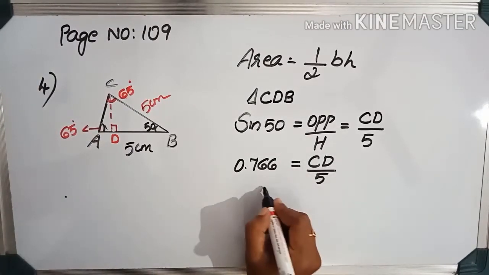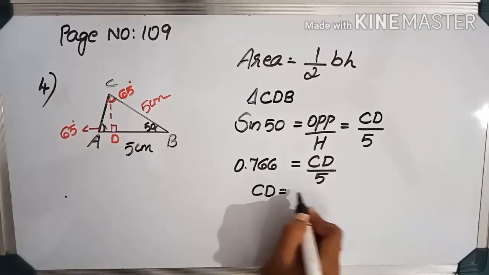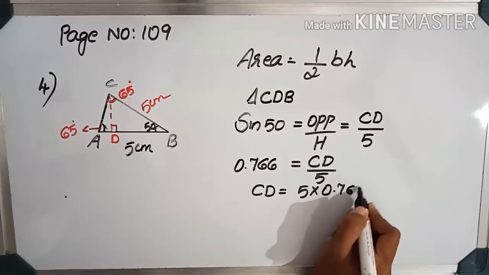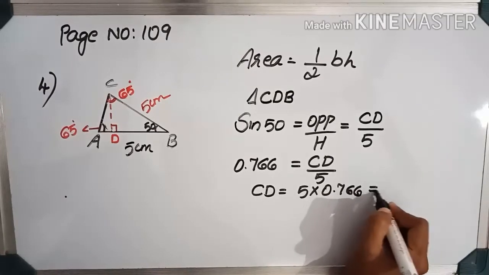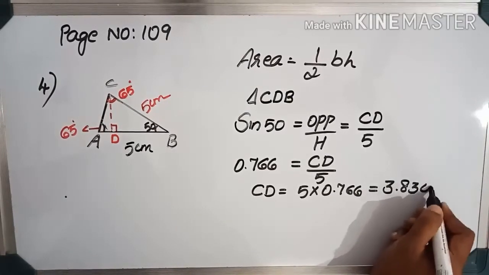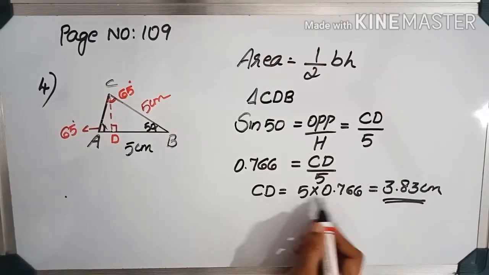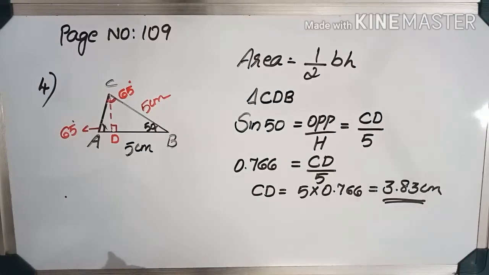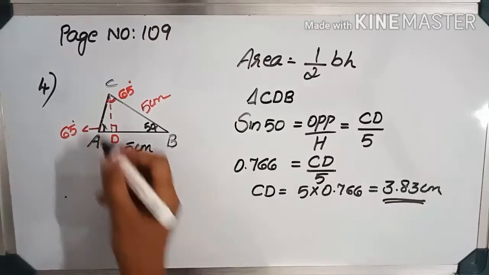So CD equals 5 into 0.766. The answer is 3.83 centimeter. When you multiply these two, you will get 3.83 centimeter as the answer. So we got the height.